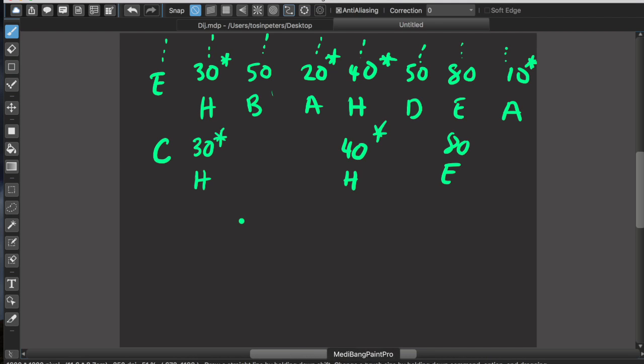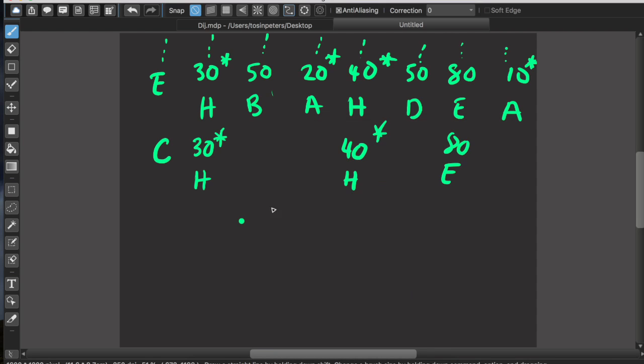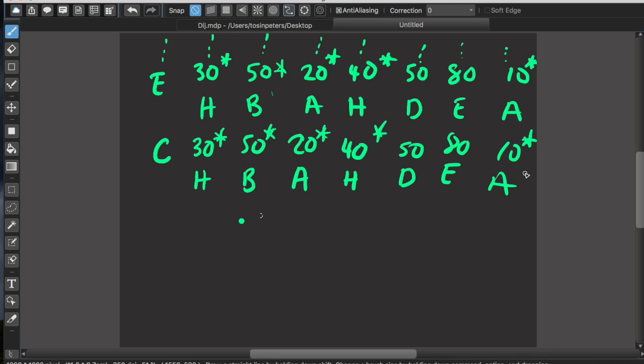So what else is C connected to? B and so on. Yep, we're done with this. So we're just gonna bring in the old values here. Sorry if my handwriting is getting a little bit disgusting. So we've come here. We have 50, D, 80. So we just have two left, okay?